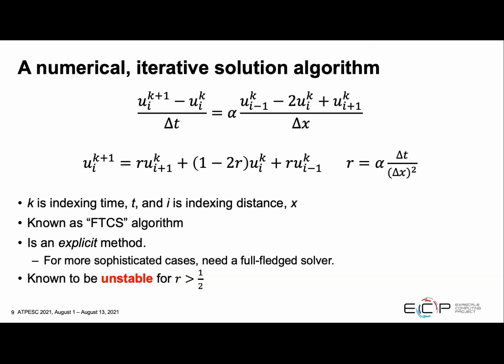At each time step, we compute the temperature profile of the wall for the next time step. This whole scheme is known as the forward time central space algorithm. It is an explicit method known to be unstable when this R parameter is greater than 0.5.